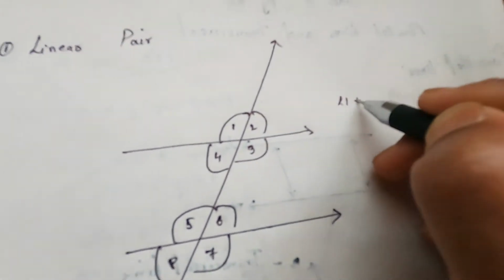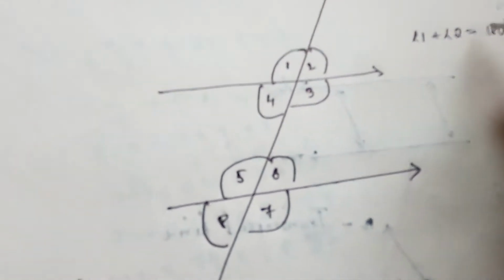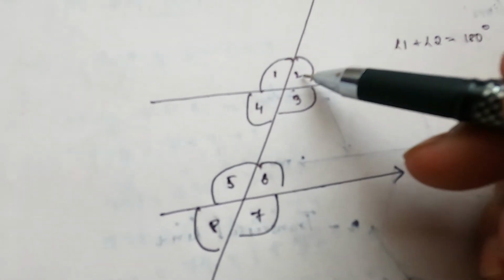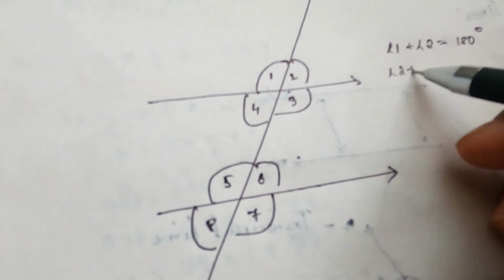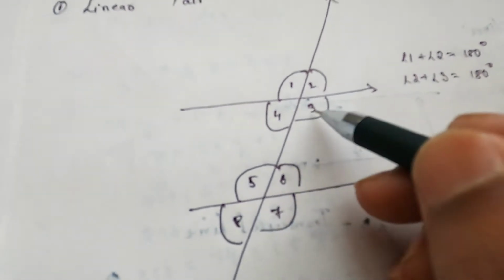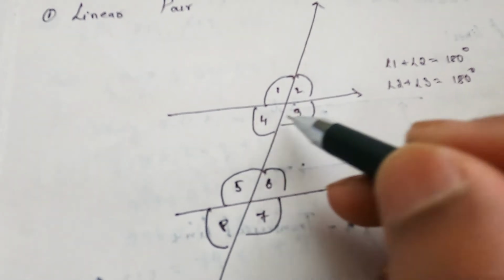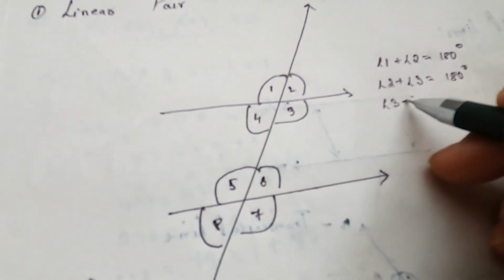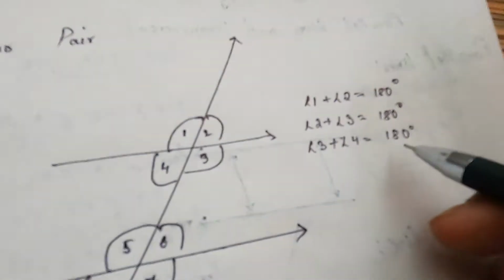So angle 1 plus angle 2 is equal to 180. So this is linear pair. Then angle 2 and angle 3 will also be a linear pair. Then angle 3 and angle 4, because they are supplementary angles, so angle 3 plus angle 4 is equal to 180.